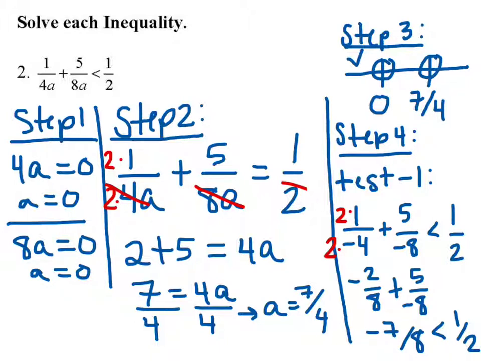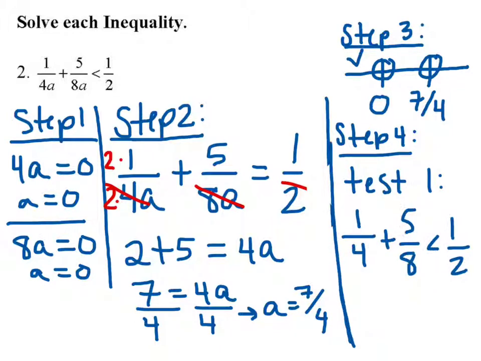Now let's test a value between 0 and 7/4. I'm going to say 1. Let's test 1. Let's notice that when I plug 1 into my original inequality, I end up with 1/4 plus 5/8. And we're trying to find out if it's true that it's less than 1/2. So let's put a question mark here.